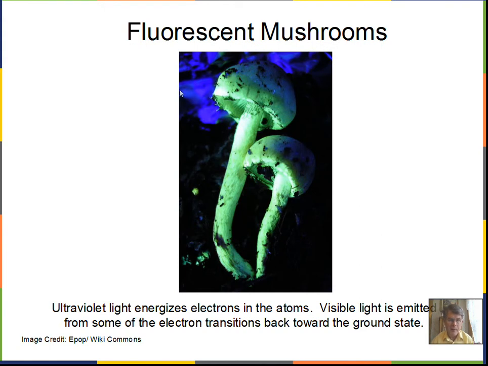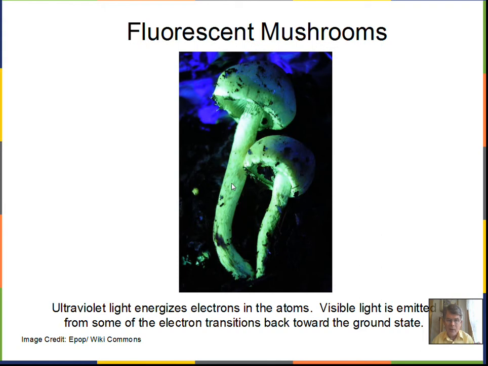So now, a little bit on fluorescence. The process here is we have ultraviolet light, some people call it a black light, that is directed at either a mushroom or a mineral, and that causes the electrons that receive that ultraviolet light to move up to a higher energy state.